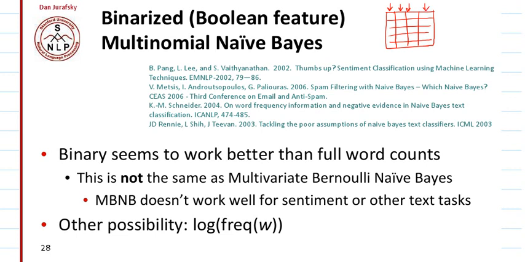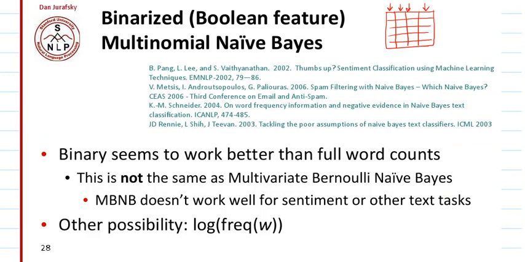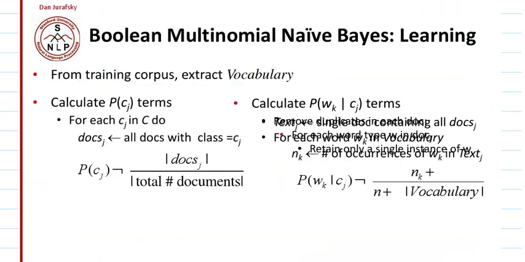So this is a little bit different. The binarized multinomial naive Bayes is a little different from the Bernoulli naive Bayes. I'm not going into the mathematical details here of what the multinomial and the Bernoulli random variable are. Just in general, we can apply these kinds of techniques to sentiment analysis.